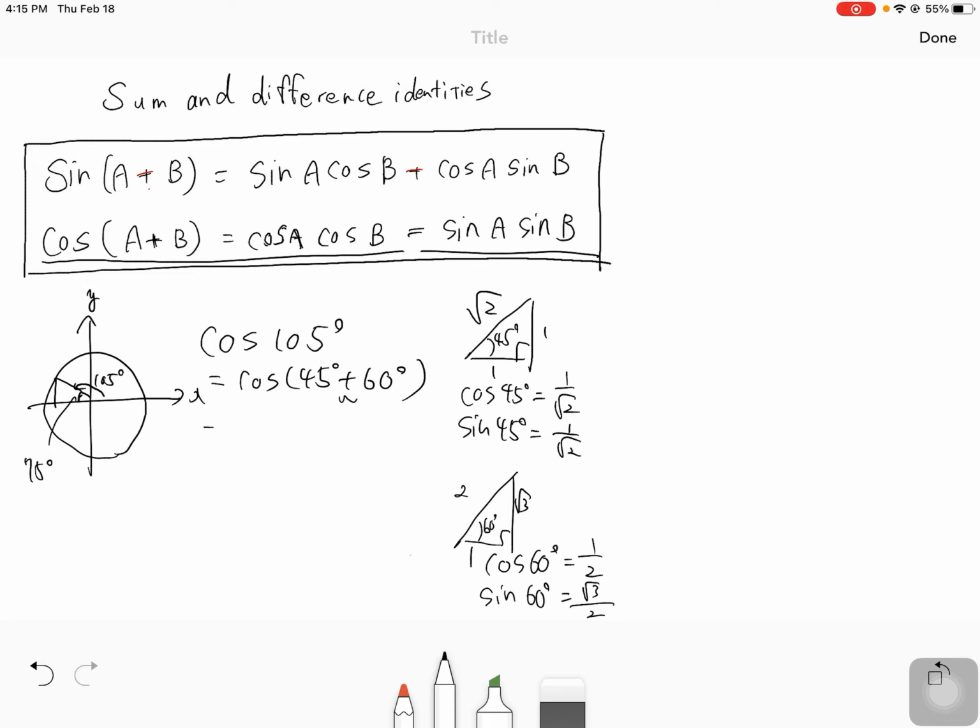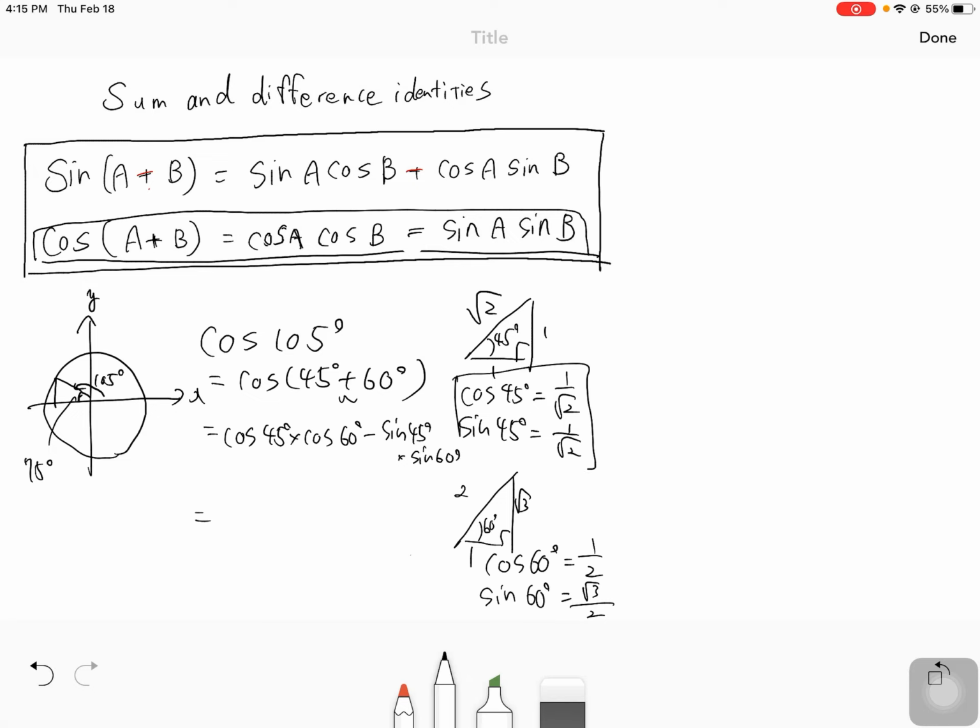Let's use them. Using the second equation, you can convert it into cosine 45 degrees times cosine 60 degrees, negative sine 45 degrees times sine 60 degrees.